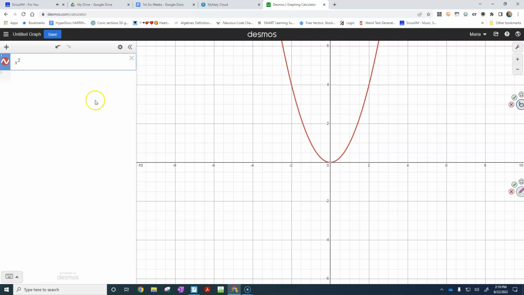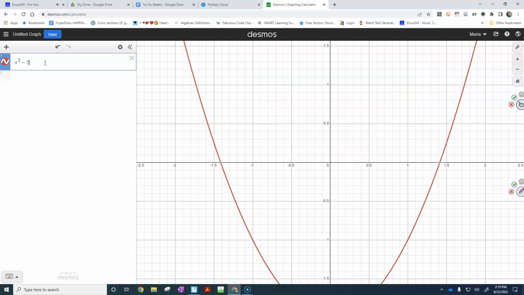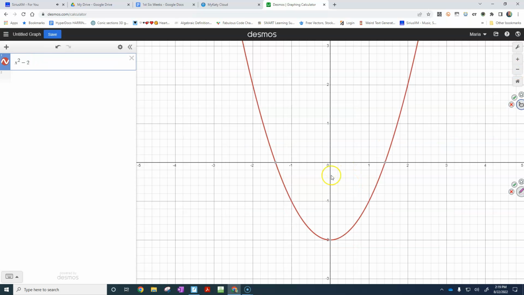Alright, there it is. Does it cross the x-axis? Does it really touch the x-axis? Can you see with your eyeballs that it really touches the x-axis? Remember if I put a minus 2, see how it's 2 places below the origin?